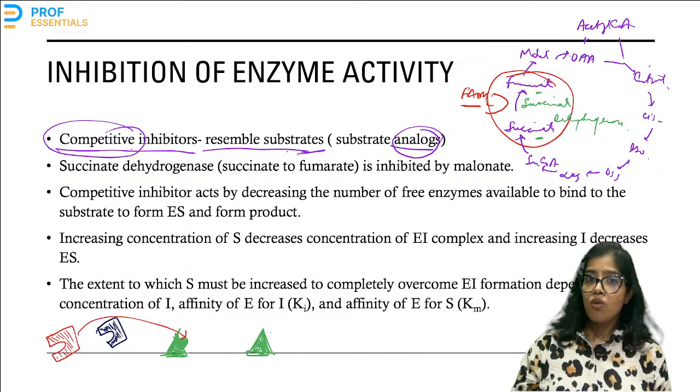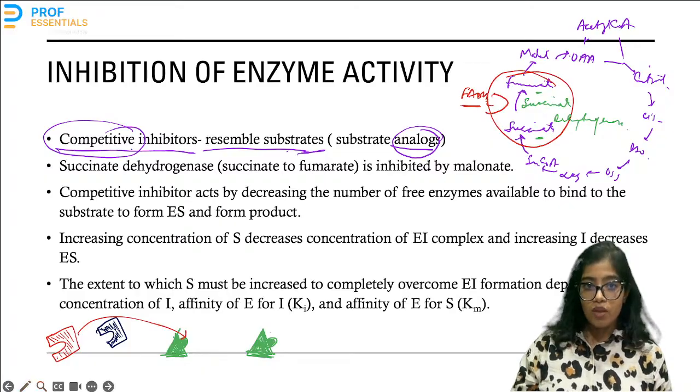Now why is it getting attached to the inhibitor and not to the substrate? It can be due to two reasons. One is that the concentration of the inhibitor is more, or the affinity of the enzyme to the inhibitor is more.